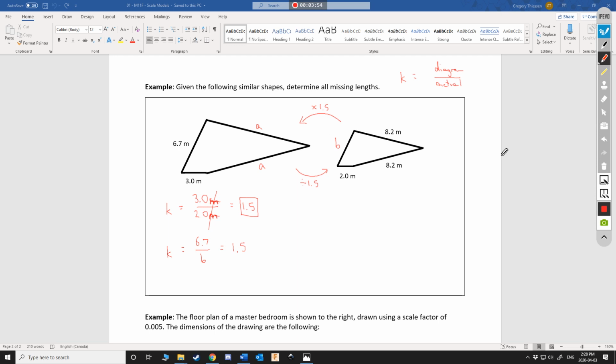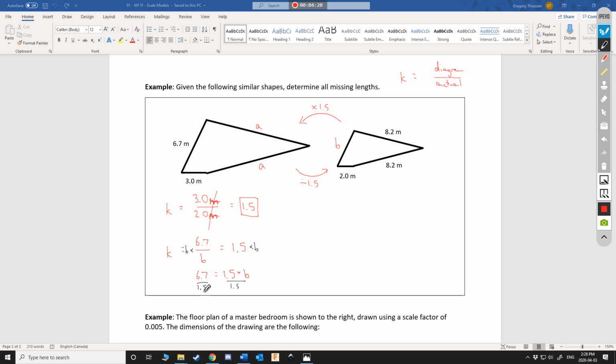To solve for B, we multiply both sides by B. So we end up with 6.7 is equal to 1.5 times B. Then we divide both sides by 1.5. You get your calculator out, 6.7 divided by 1.5.